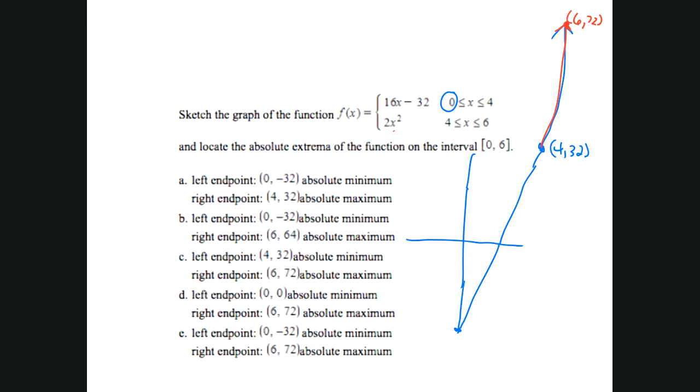So my absolute min is going to be 0, negative 32, and my absolute max is going to be 6, 72. So let's see here, 0, negative 32, and 6, 72. I'm going to go with letter E on that one.